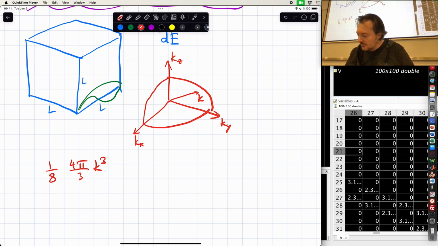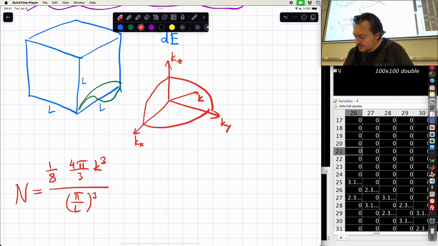What did we divide it with? We divide it with pi over L cubed. Do you remember this stuff? Yes? So that would give us the total number of electrons, and we multiply by 2 because for electron, it's spin, right?